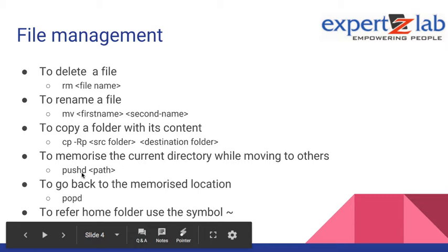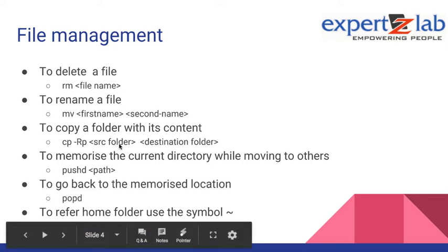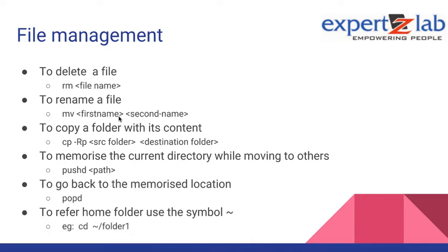The cd will be executed, and along with moving from one folder to another, the path of the previous folder where you were, your previous current working directory, will be pushed into a stack, and then at any time you can come back to the previous memorized locations using popd.